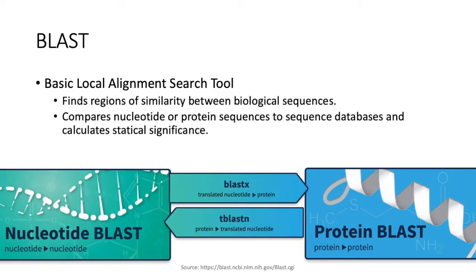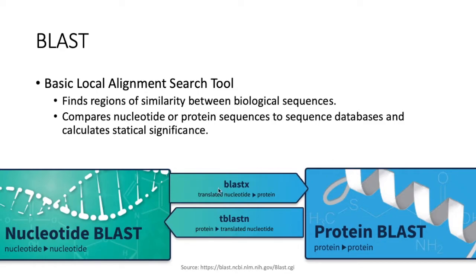As you can see, there are multiple different types of BLAST, right? There's nucleotide BLAST, which looks at nucleotide sequences and compares them to nucleotide sequences in the database. There's protein BLAST, which looks at protein sequences and compares them to protein sequences in the database. And then there are additional programs.